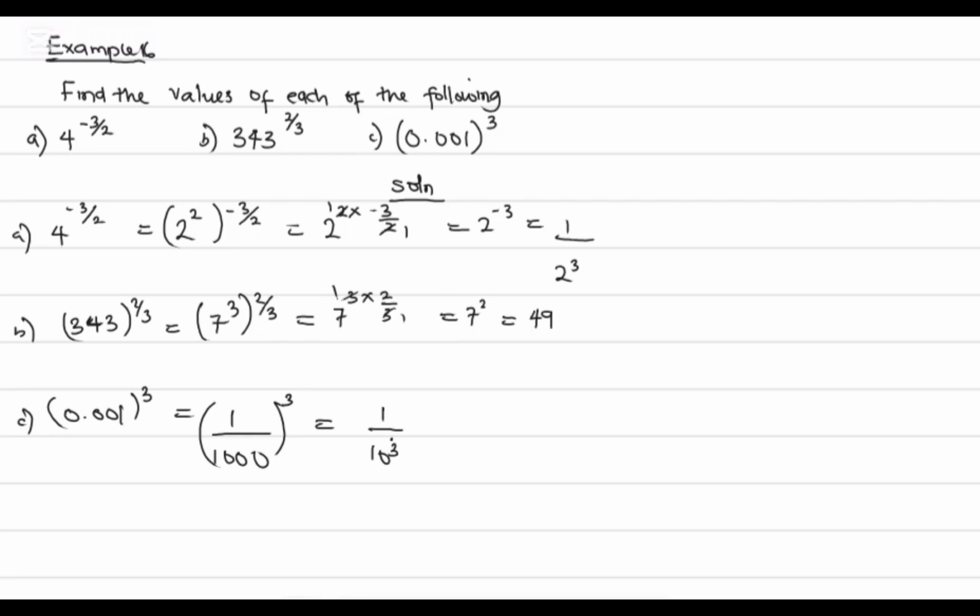So you can take that and then put your 3 here. So this will simply be 1 raised to power 3 over 10 raised to power 3, then raised to power 3 again. So that would be 1 over 10 raised to power 9. You can stop here. So that's that about that.